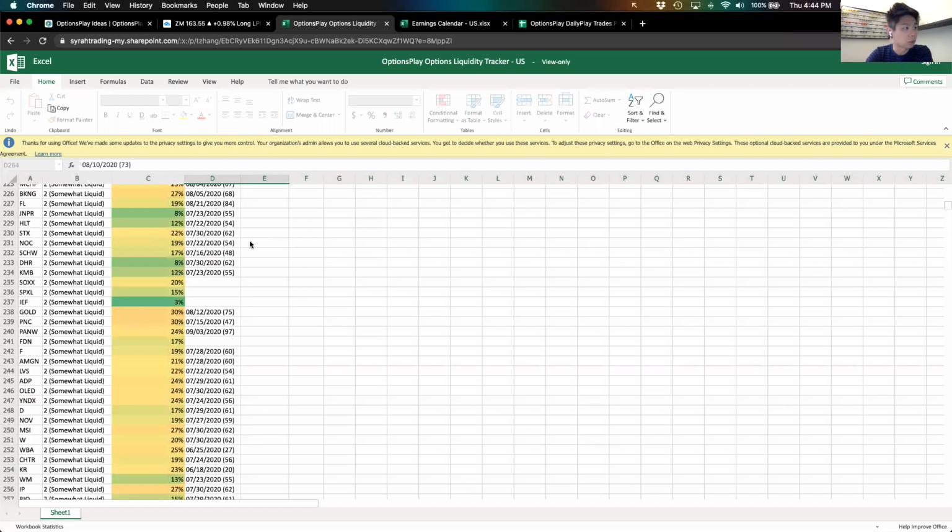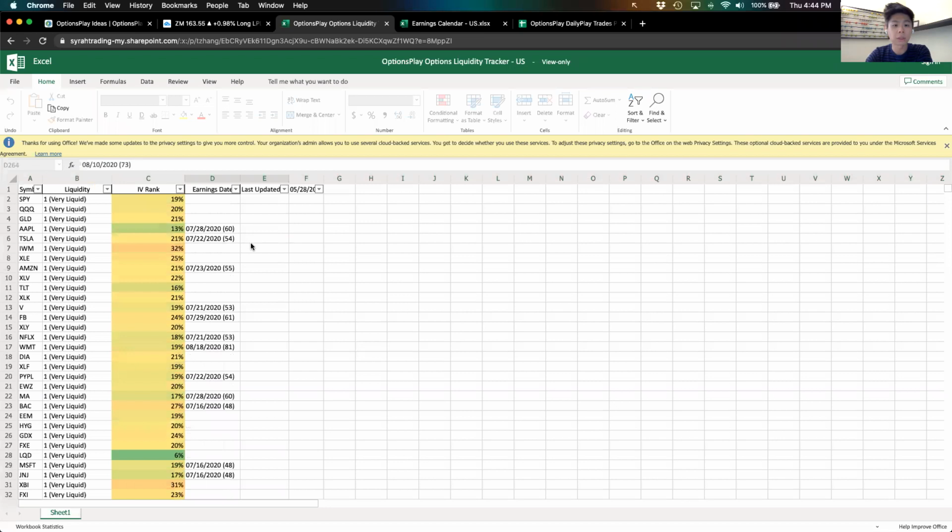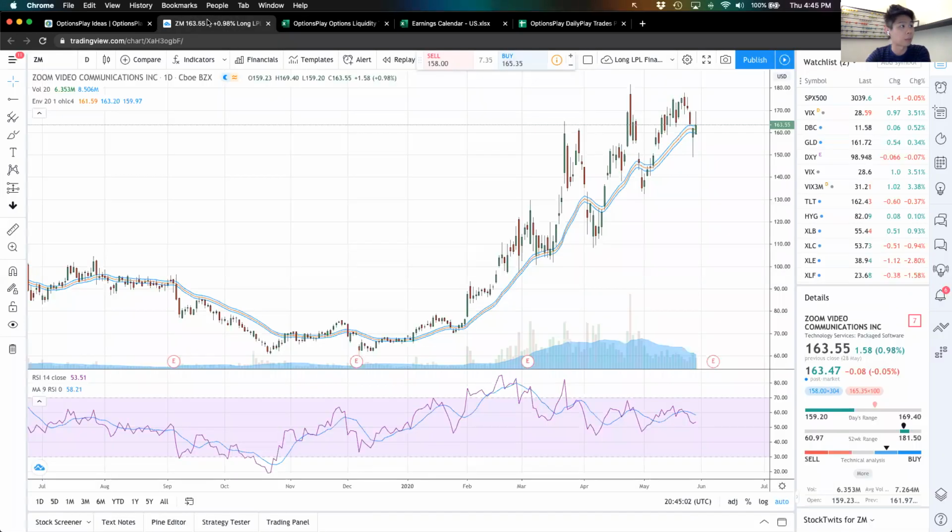So the question though is, how does liquidity affect the value of an option? Now, the value of an option actually doesn't get affected at all by liquidity, because the value of an option is simply a function of the stock price and the volatility of the stock. So how much time is left till expiration, how volatile is the stock, and where's the current stock trading?